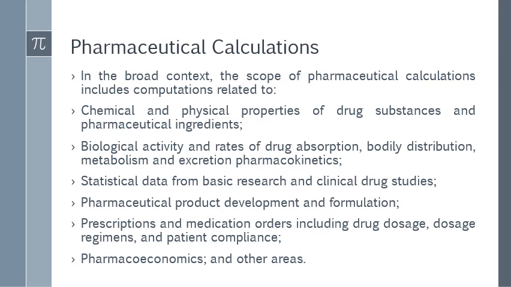The pharmaceutical calculations are also used in the statistical data for the basic research, or in the clinical drug studies. For example, we want to determine the effect of a drug on the control of blood pressure. So we will collect a sample, then we will determine the blood pressures, and then we will use different statistical methods, the averages, the percentages, the fractions, or different statistical tests to determine whether the drug is affecting the blood pressure or not.